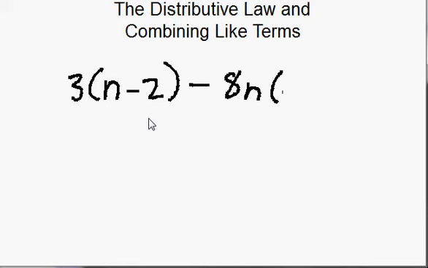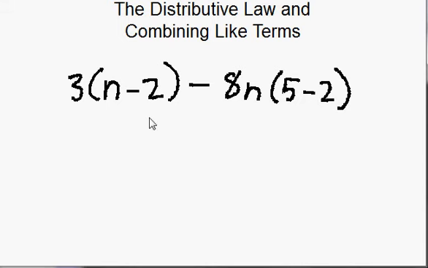And then we'll have 8n times 5 minus 2. And I want to simplify this expression. Well, I've got to combine the like terms, right? Can I combine this n with the 8n? Well, not really, because I've got these parentheses here that make things tricky.